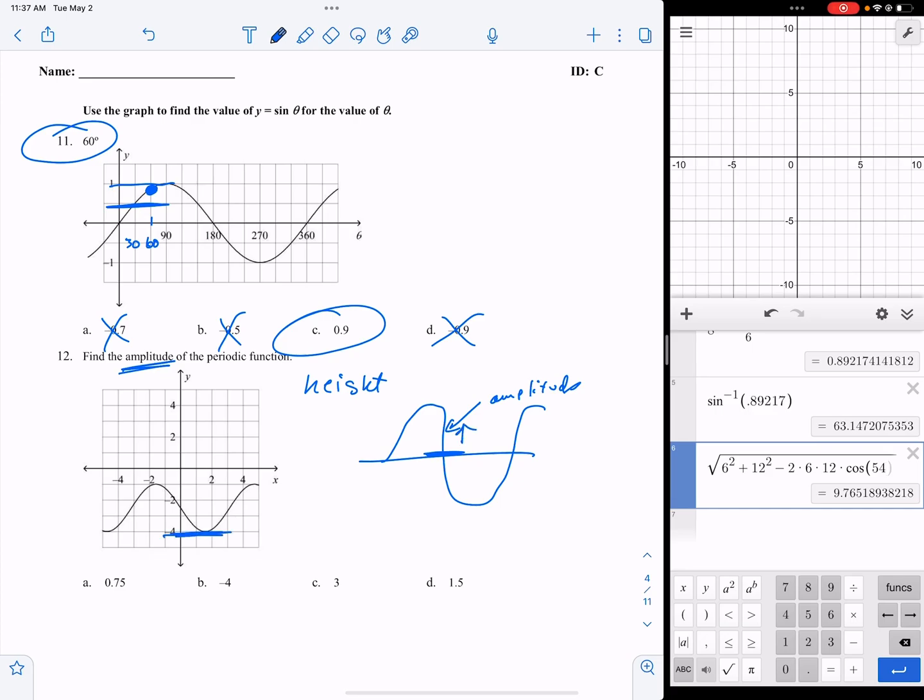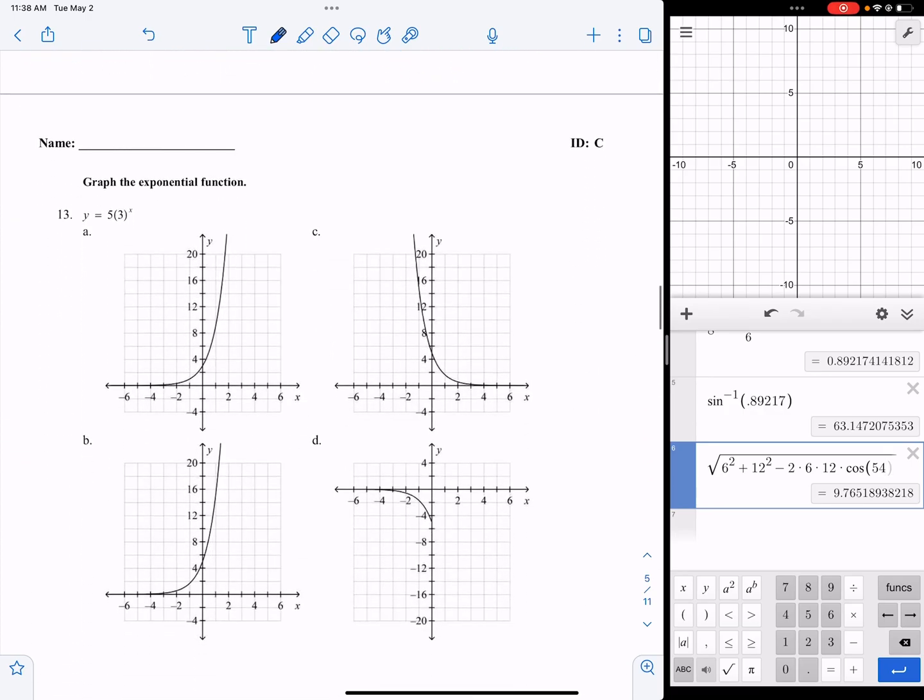So this is at -4. This is at -1. That gives us a space of 3. It doesn't matter if it's negative or positive. Then the middle is here. I didn't draw that very well, but that means 1.5 up and 1.5 down. So the amplitude is 1.5.